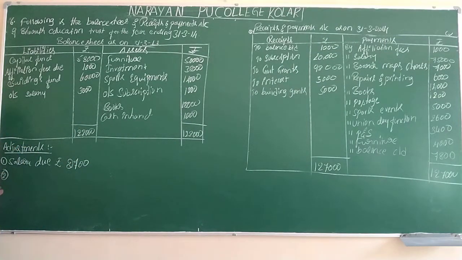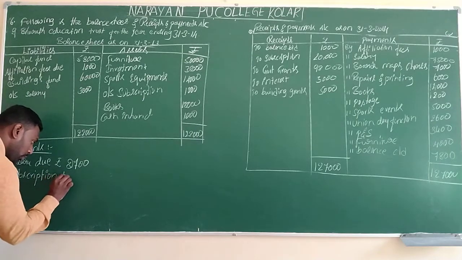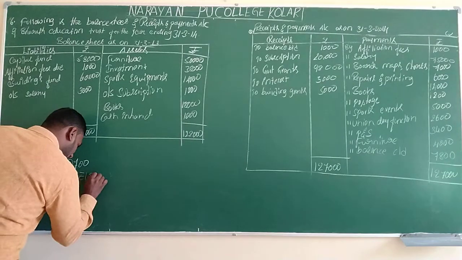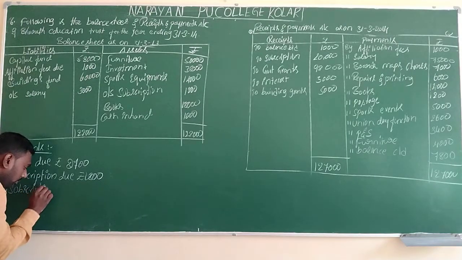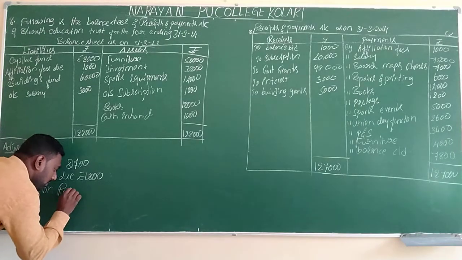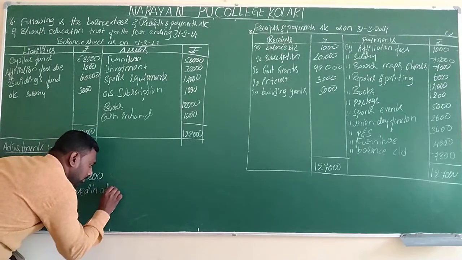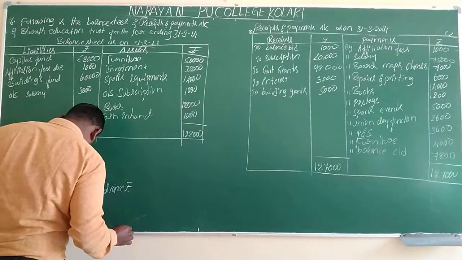Adjustment number 2, subscription due rupees 1,800. Number 3, subscription received in advance rupees 400.